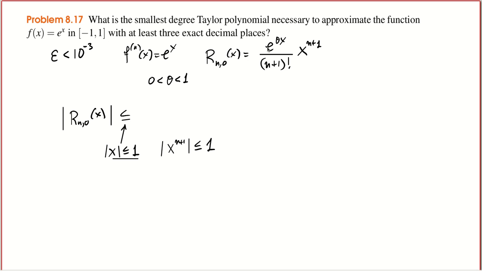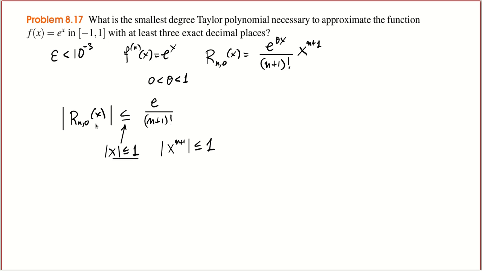The largest value the exponential can take anywhere in this interval is, since it is an increasing function, the value of the exponential at the point 1. So e is an upper bound for all the values this can take. So we have e over n+1 factorial times 1. This is an upper bound of the remainder for any arbitrary degree.